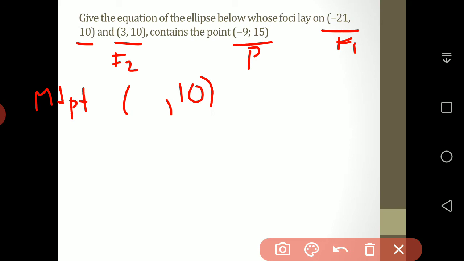So what's the midpoint of -21 and 3? Negative 21 plus 3, negative 18, divided by 2. That will be negative 9. So our midpoint is now our center.